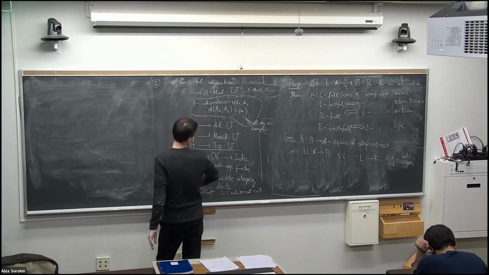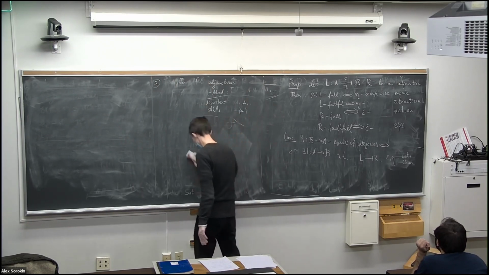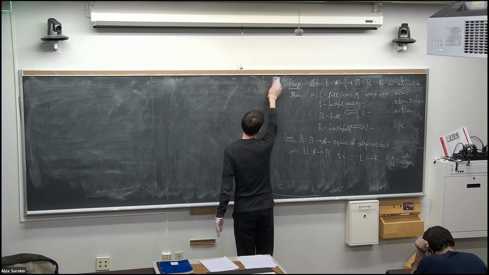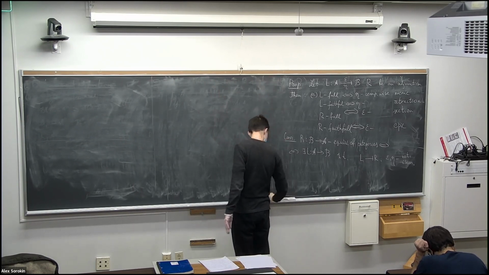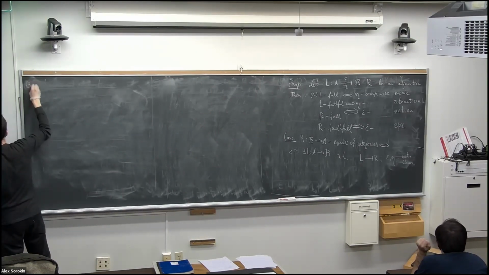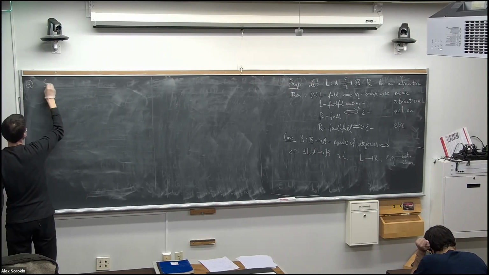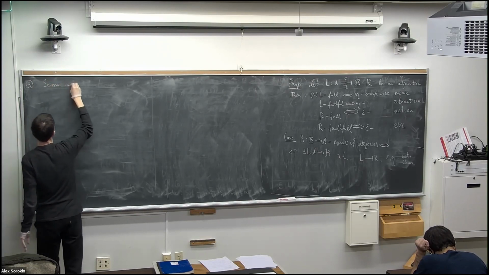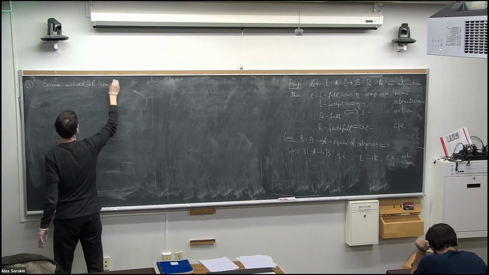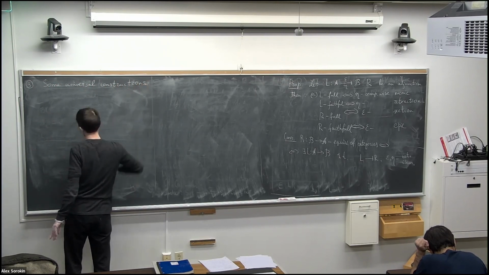It's limits and colimits. So part 3 will be called universal construction.